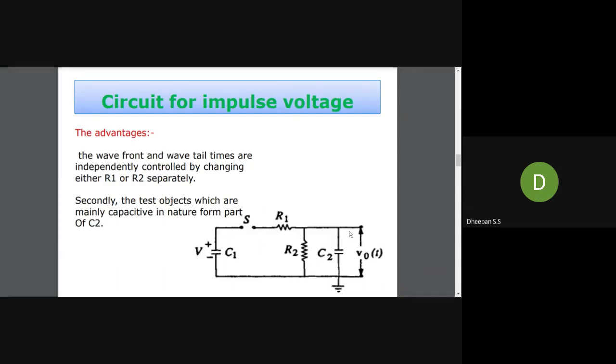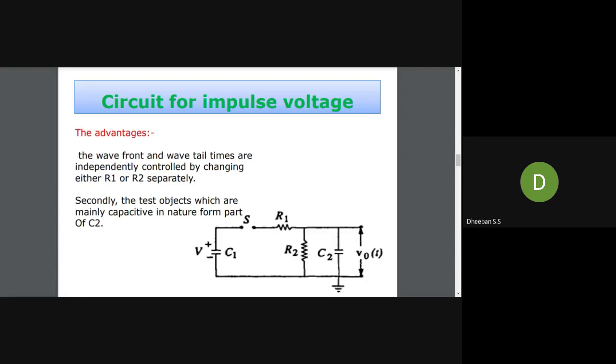And the output will be obtained through your V naught of T, that is the voltage across your capacitor C2. Here they are saying the wave front time and wave tail time are independent, controlled by R1 and R2. These two are in a parallel circuit, so these two will not be affecting your wave tail time or wave front time.